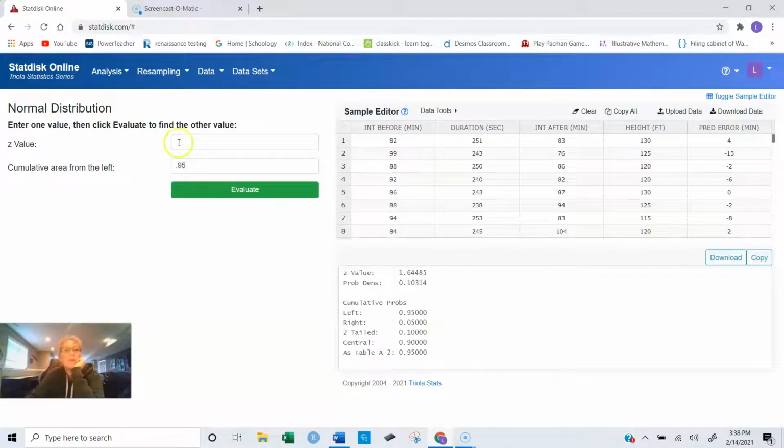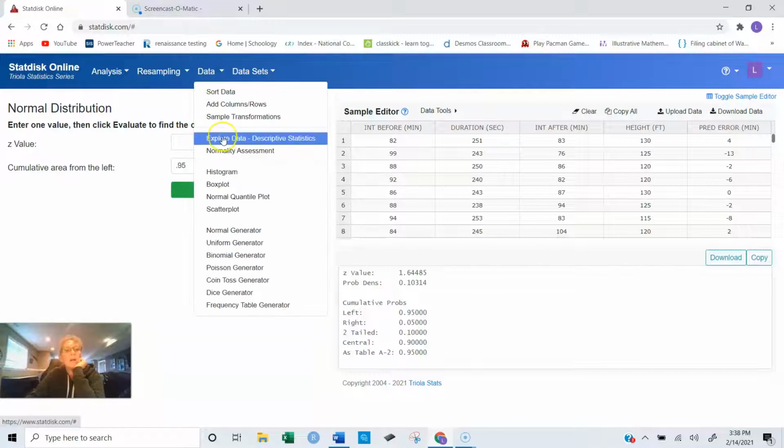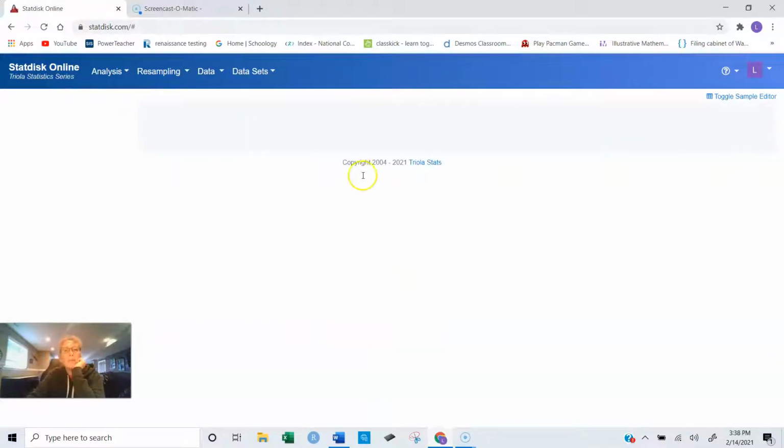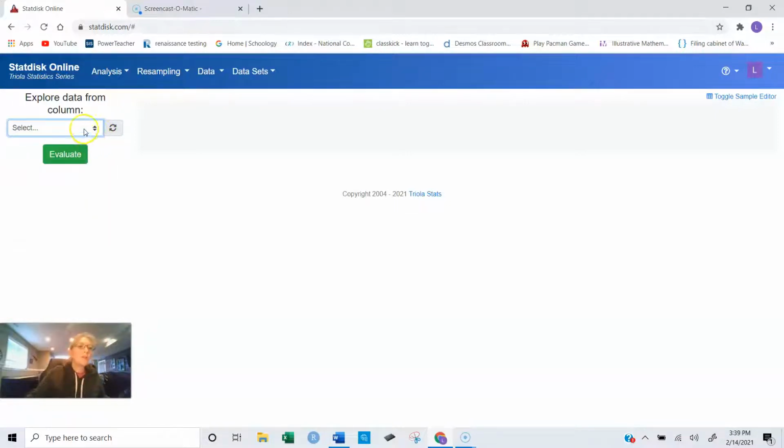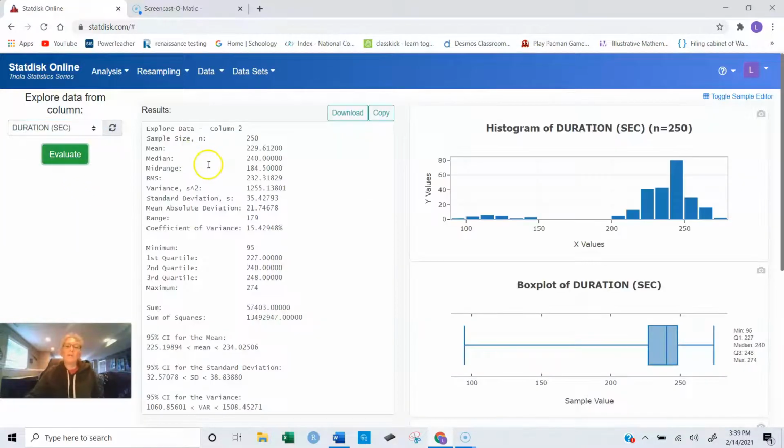All right, so once you found Old Faithful, go to Data, Explore Data. And we want to do duration, if I remember right. So click on duration time, and evaluate.